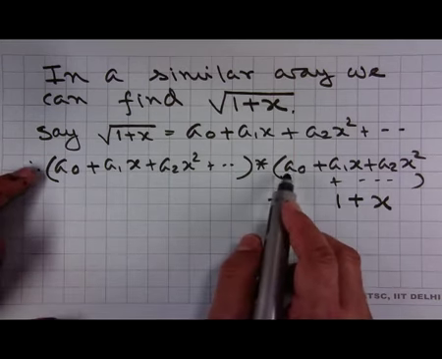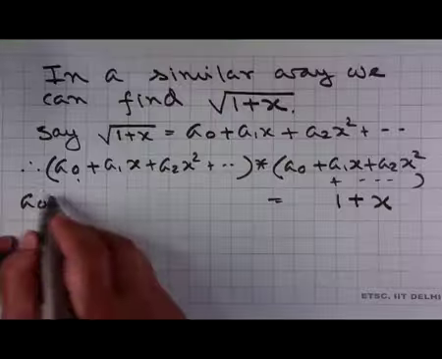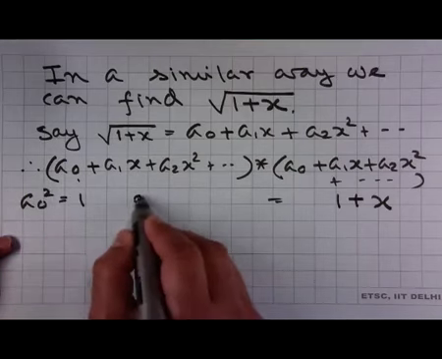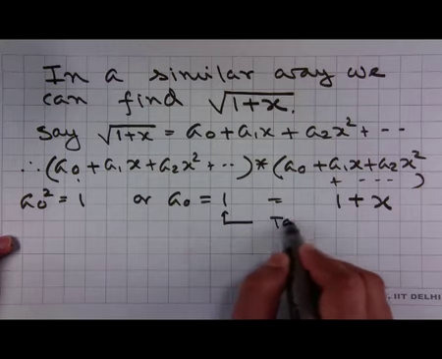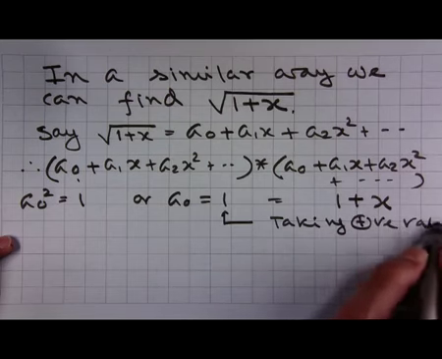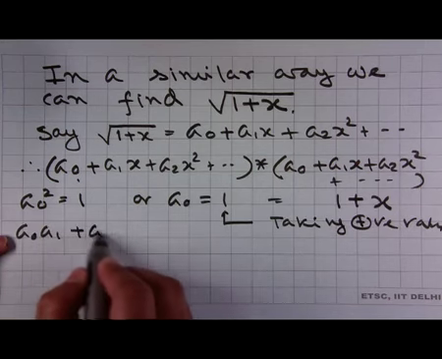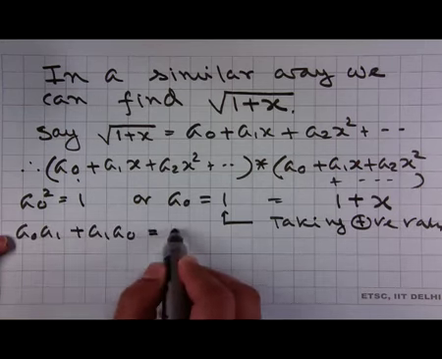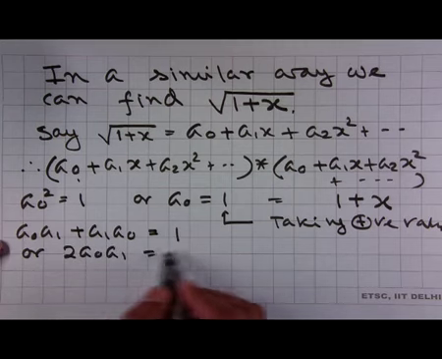Now, by multiplying them and equating the powers of x, we find a0 square is equal to 1, or a0 is equal to 1 by taking positive value. a0 a1 plus a1 a0 is equal to 1, or 2 a0 a1 is equal to 1.